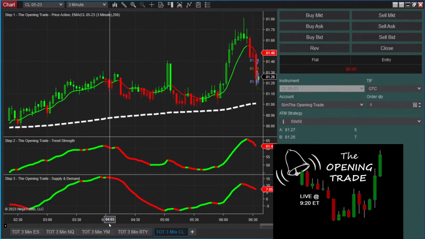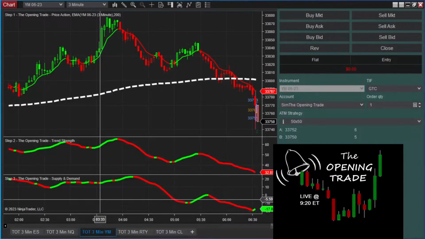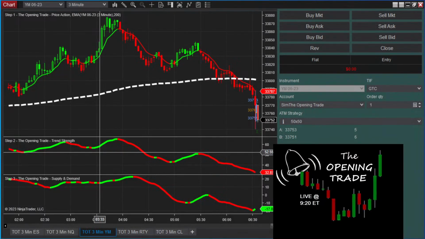All right, so our first automated trade could potentially fire off on the Dow Jones as long as the trading indicators are met.